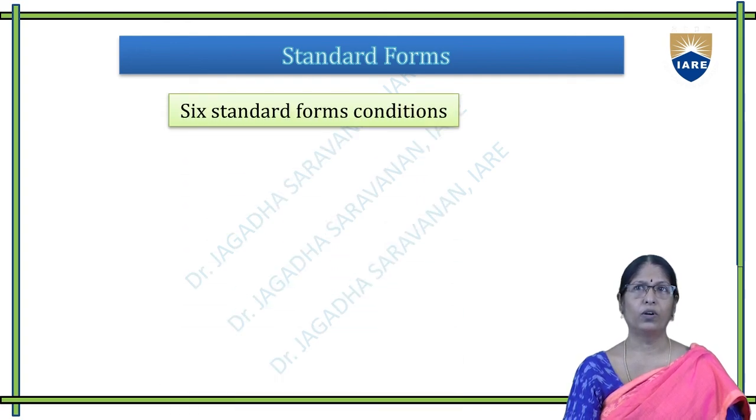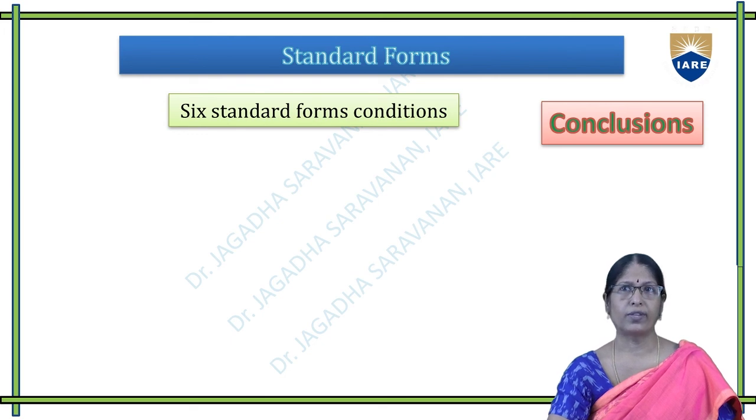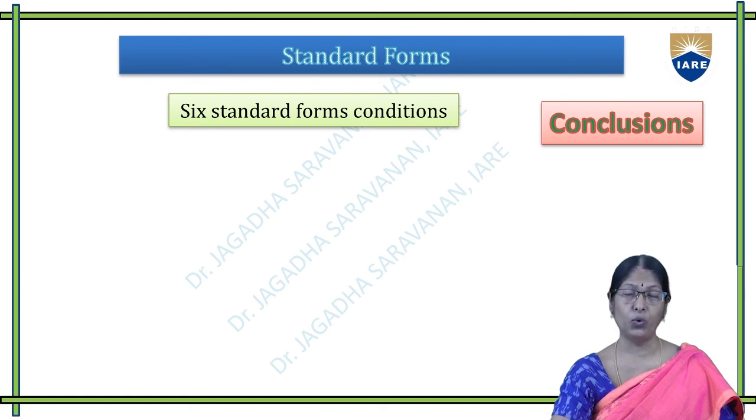So now we will come to the conclusion of our topic, standard forms. That is, initially we discussed our 6 standard forms, and for each standard form, the format we discussed. If the equation has only P and Q, standard form 1, PQZ, strictly it should not have X and Y at all.